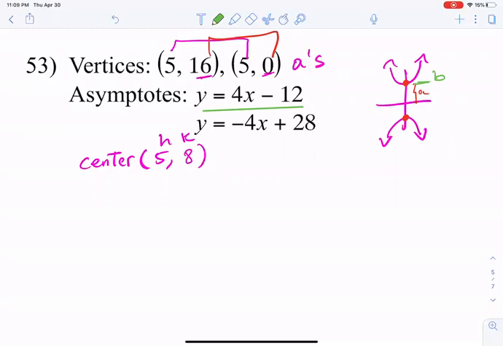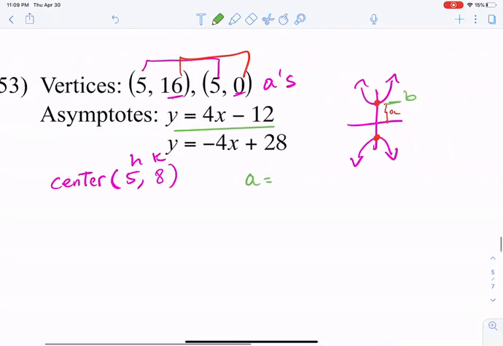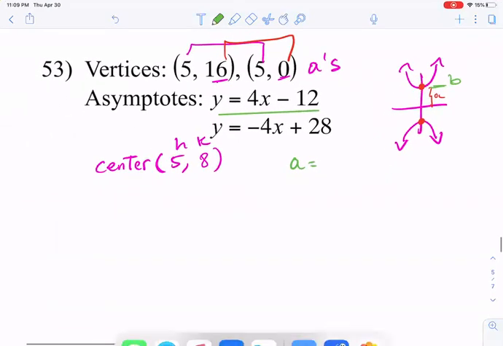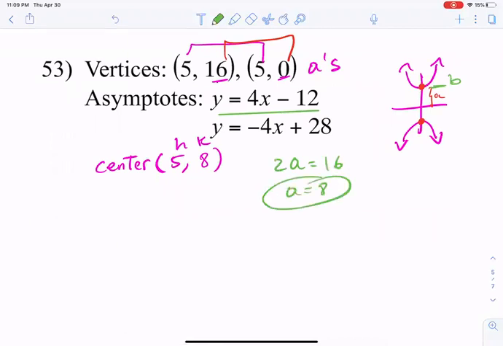So we have the center. We need to find out my B value. So what should my A value be? Well, it's 16 units, so this is 2A. So 2A equals 16, so A equals 8. That implies that A squared is 64.